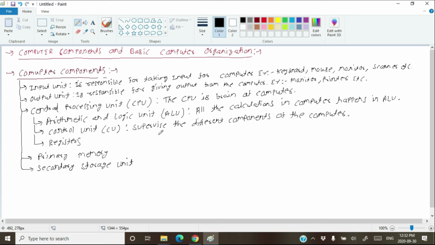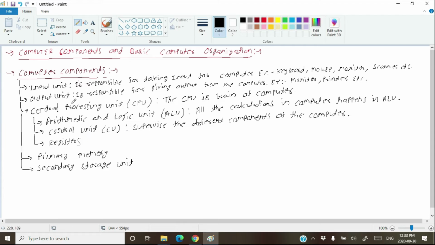By giving signals. The control unit gives signals to the ALU, to the memory, to the input output controller. It gives signals to everyone in the computer and supervises the overall working of the computer. The control unit is the manager, the ALU is its assistant, and with the help of the ALU, the control unit manages every other component of the computer.